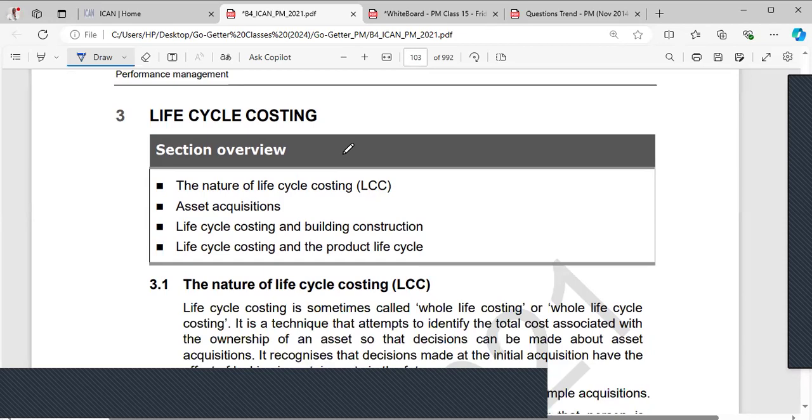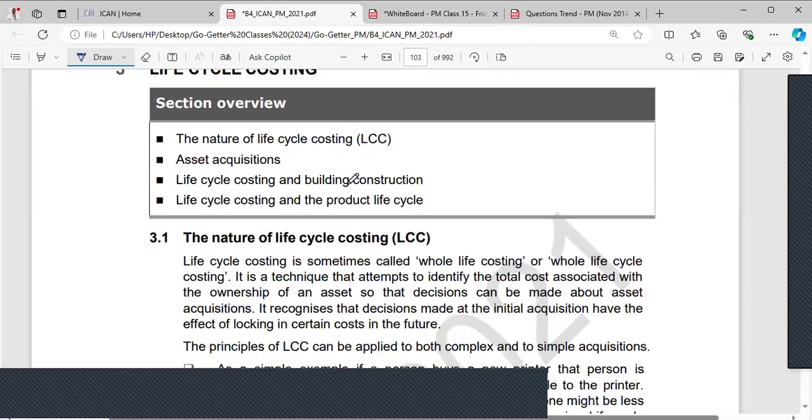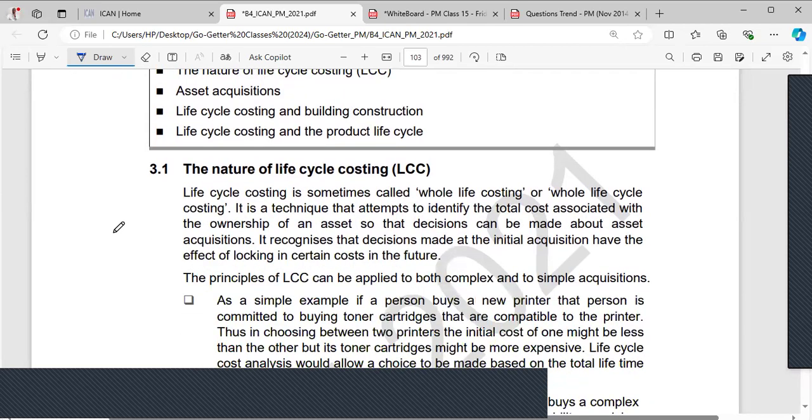So sometimes they might include life cycle costing with target costing. They might include it in learning curve. Now, life cycle costing is sometimes called whole life costing or whole life cycle costing.